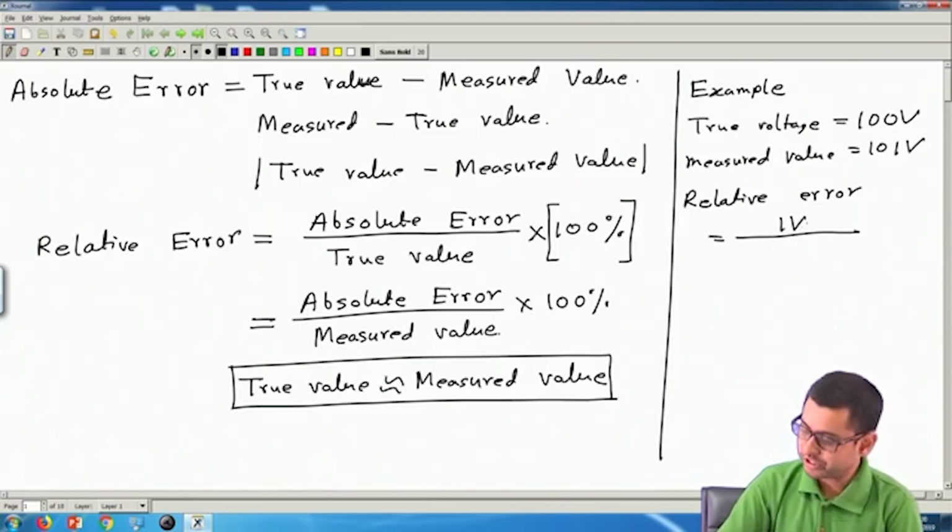I am just considering the positive number and then dividing.